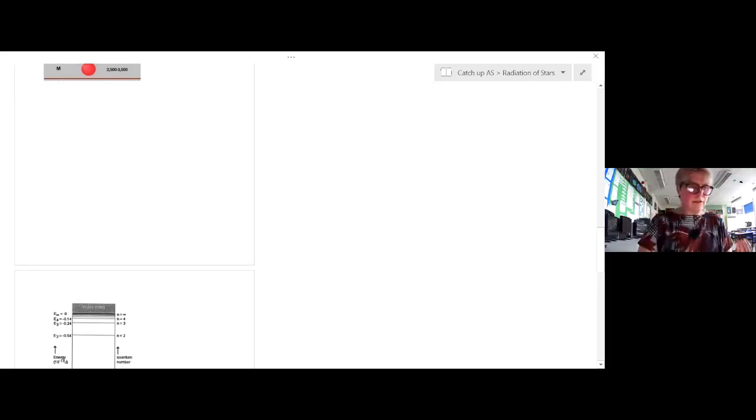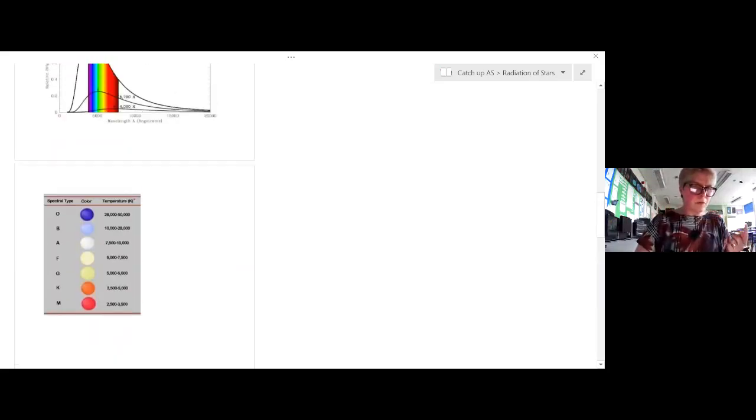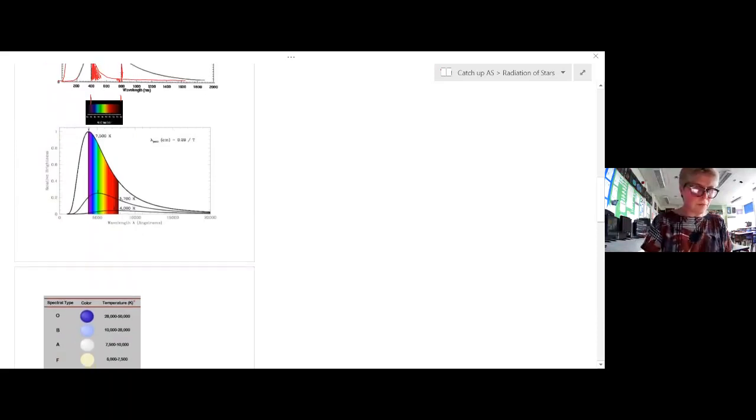Isn't that interesting? Because from that spectrum there, we have two bits of information that we can get. We can get the temperature and we can get the size of the star, because we can get the intensity, track back to the power, and then substitute it to find the size of the star.